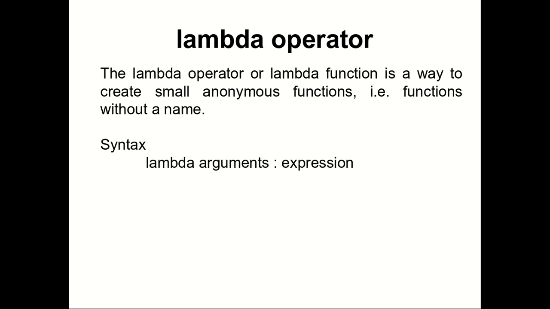When you use a lambda operator, it allows you to define a one line function, a small anonymous function, generally without a name. Lambda is generally meant for defining small functions which can be evaluated within one line, with a very small expression. It helps us define a function and use it whenever we need.